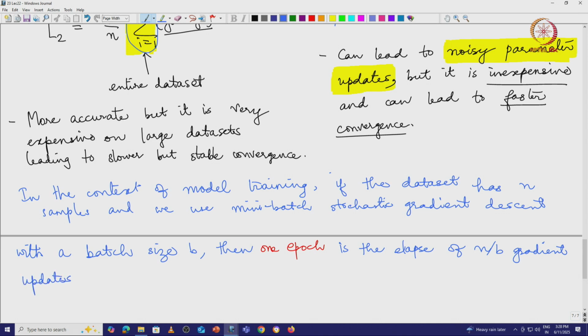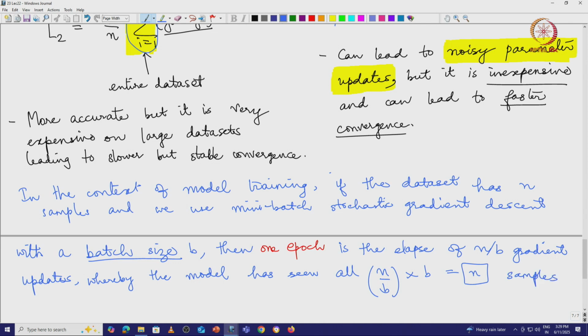So if there are n divided by b gradient updates and every batch has a size b, then that means we have looked at n divided by b times b number of samples, whereby the model has seen all n divided by b times b. So that is n samples once.